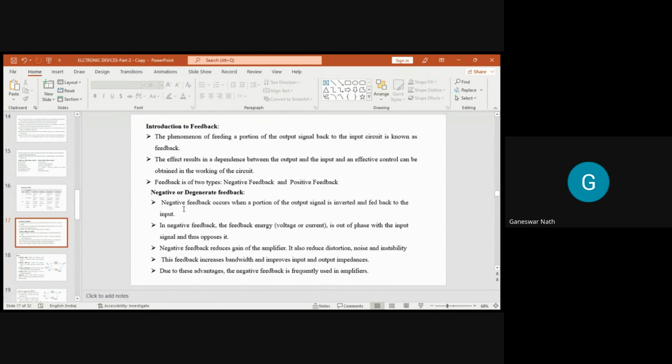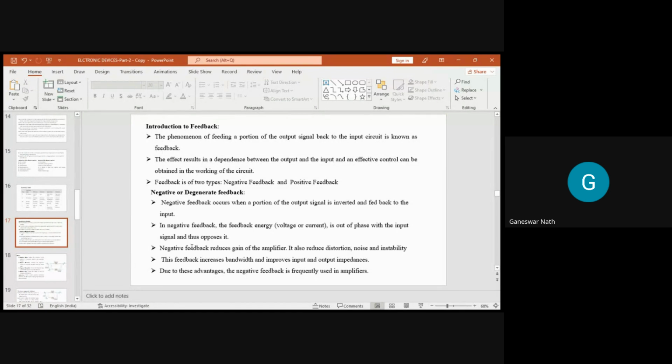So what is negative or degenerative feedback? Negative feedback occurs when a portion of the output signal is inverted and fed back to the input. If it is not inverted and fed directly, then it will be called positive. But if it is inverted, then that is called negative.